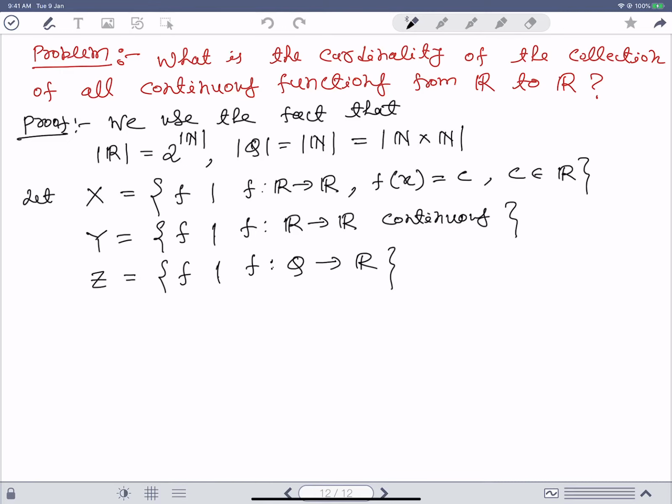Okay, so these are my three sets. X is the collection of all constant functions, we know this is continuous, right?